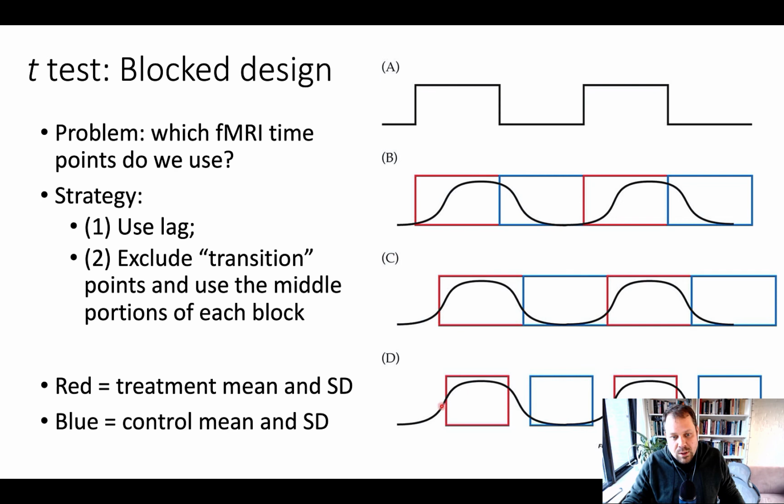We ignore the periods when the signal rises and when the signal falls. So we're only analyzing red and blue, right? This helps us make sure that we're only considering signal that is actually meaningful, by considering the lag and excluding the transition points in the middle of these block designs, so between block 1 and block 2.